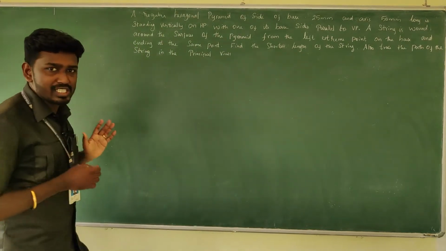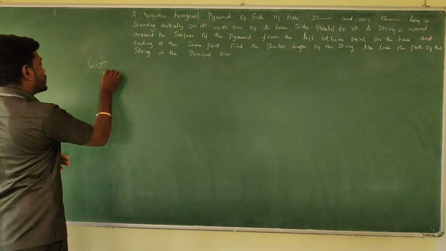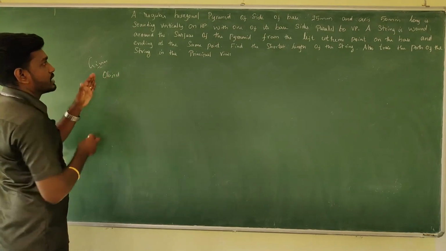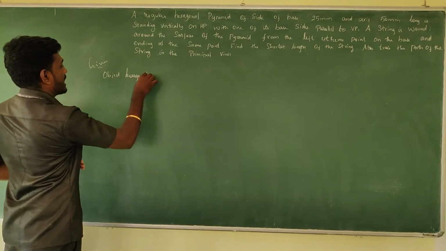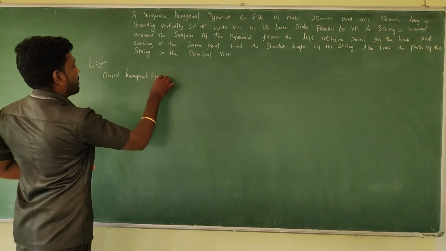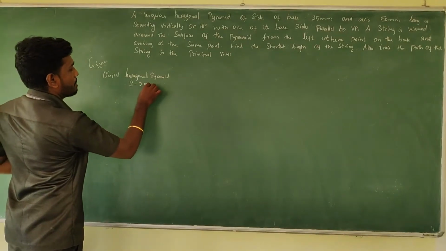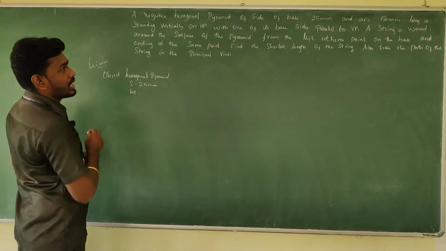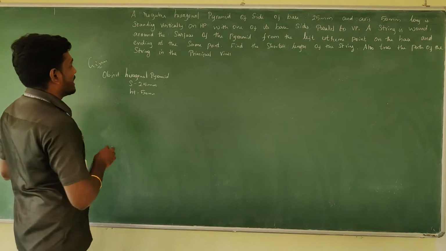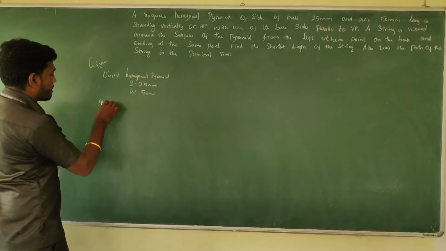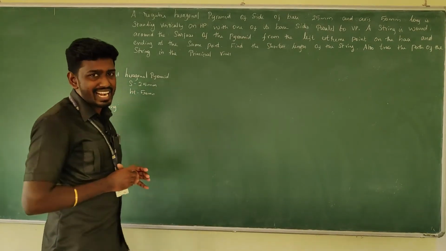First of all, try to take all the given data. What is the object? It's a hexagonal pyramid. Now what about the side of this hexagonal pyramid? It is given as 25 mm, and the axis height is 50 mm. Then the resting details: always in development, I stand with the base.